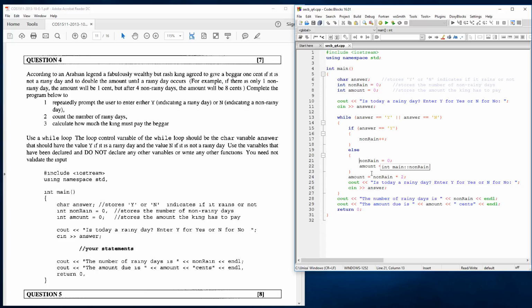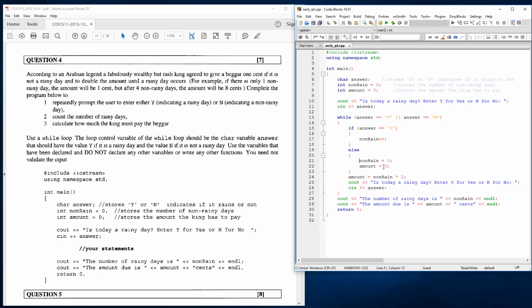So when I heard until, then I automatically thought, well, they mean that he doesn't get his double amount while there's no rainy days, or while there is rainy days. So that's why I've set amount to 0 and non-rain to 0, so that it resets it back to the start.